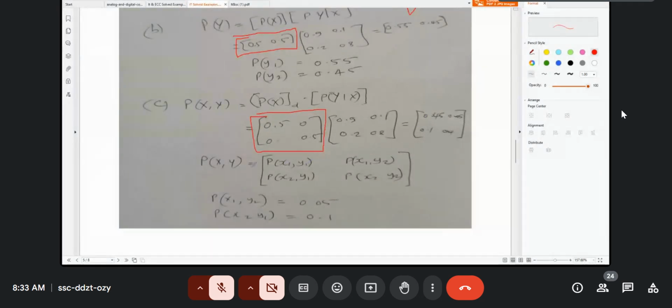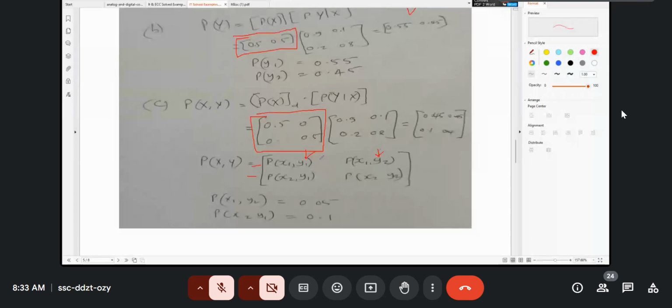Always remember the rows are the x's, so this will be x1 and this will be x2, and the columns are the y's, so this will be y1, this will be y2. Always remember that so you don't have any confusion. As straightforward as it looks, I normally see a lot of confusion. Sometimes somebody interchanges them, and therefore you end up getting the answer wrong in a test situation.